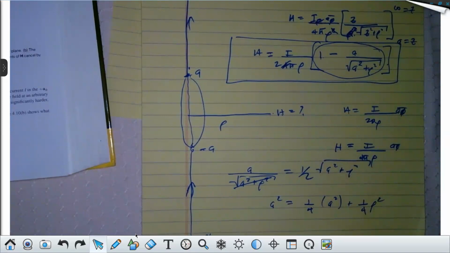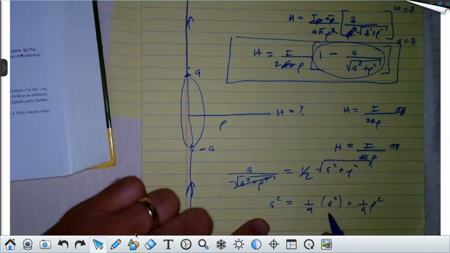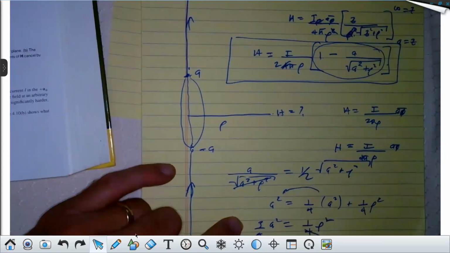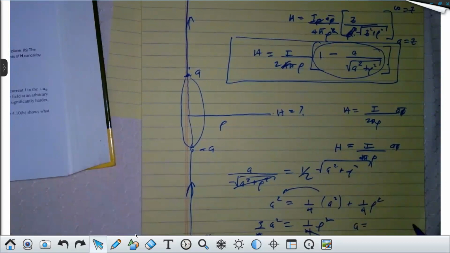Then the only thing I do is take this to this side and subtract it off, so I have 3/4 A squared is equal to 1/4 rho squared, and I get rid of the 4, and therefore, if I want A, I would say A is equal to simply rho over the square root of 3. Do you agree with me, class? Because you divide by 1/3, and that would be the magic number.